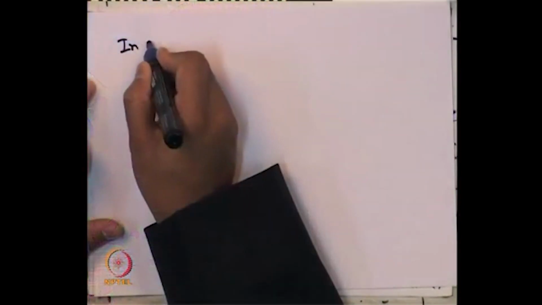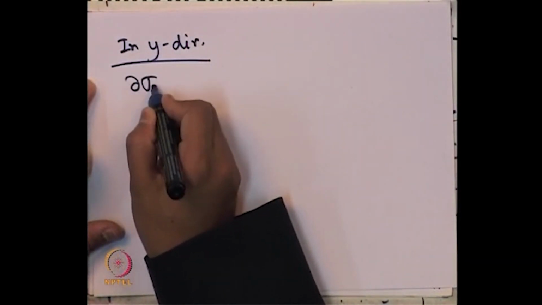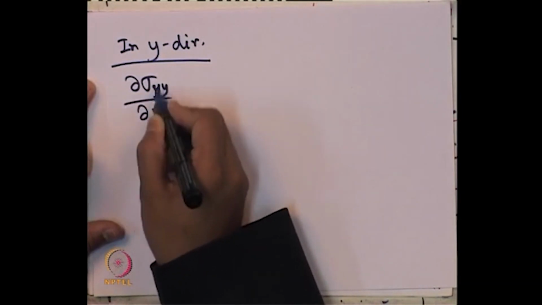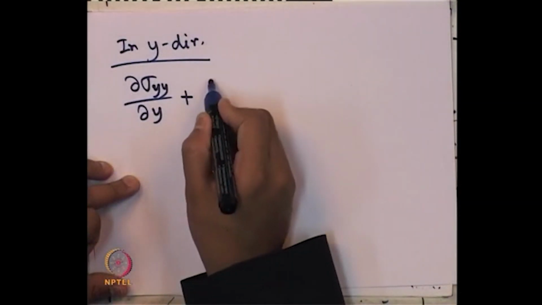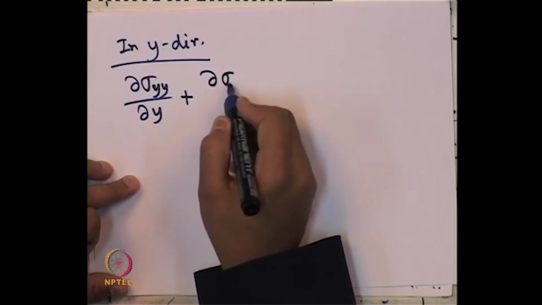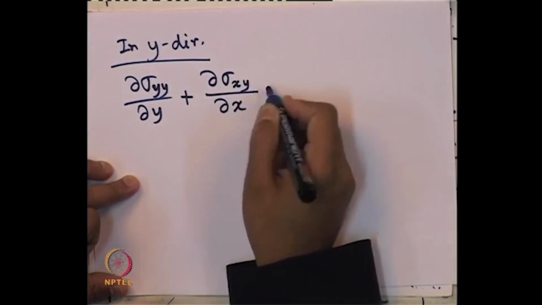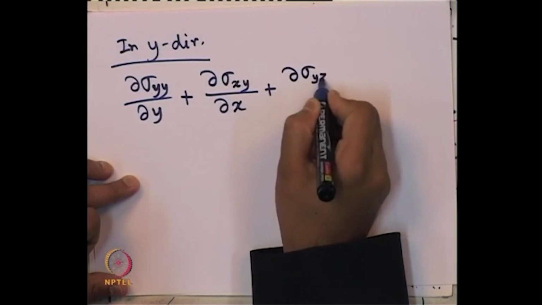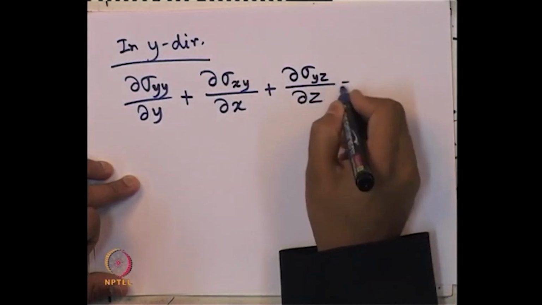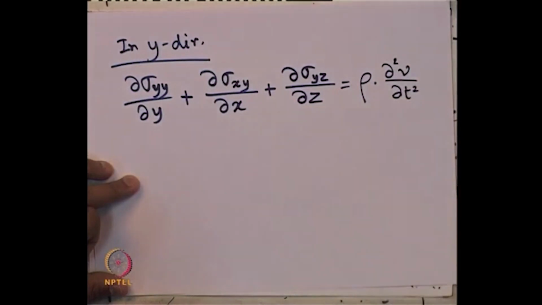So, in y direction, it should be del sigma y y by del y, because this is the normal stress component, plus del sigma x y by del x plus del sigma y z by del z equals rho times del square v by del t square.